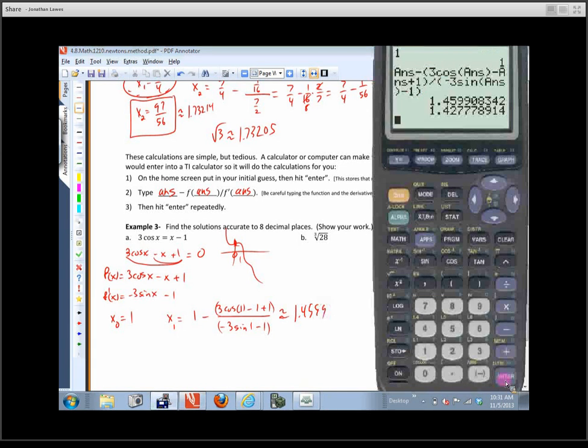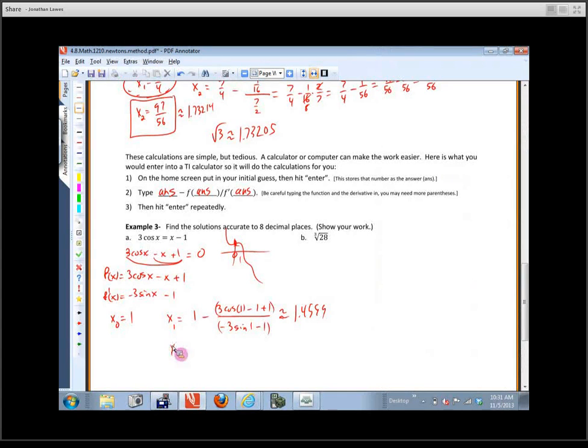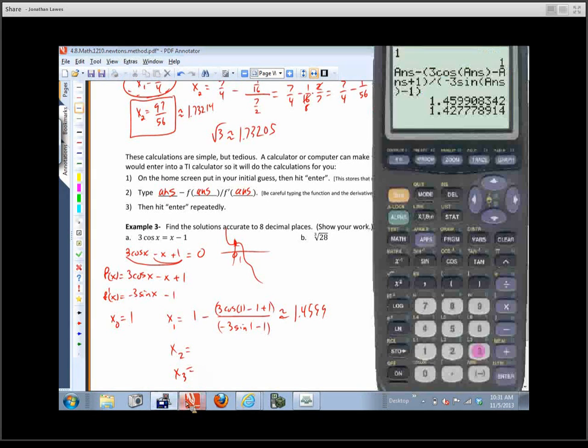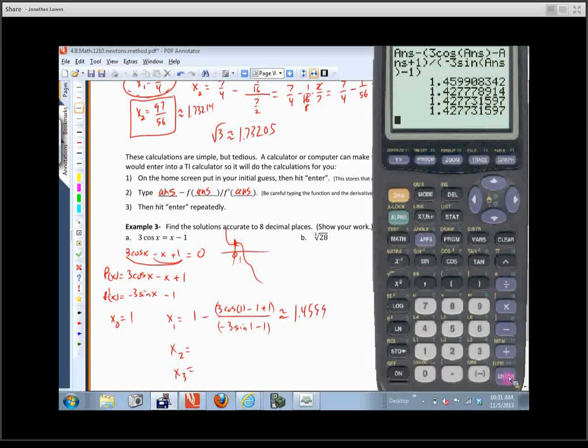1.4277. So here's the next one. And we'll do this. So there's that first one. There's the second one. It's getting it pretty quickly, right? And we'll just do 3. So we've got that one, and then this is 1.4277.